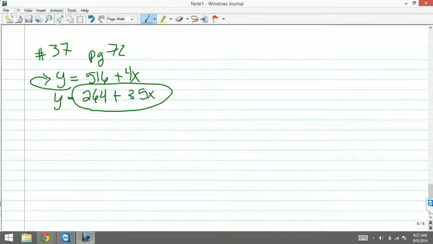And this is what you get. This is the fastest method in this one. You can still eliminate, but you have to do some math to get there.